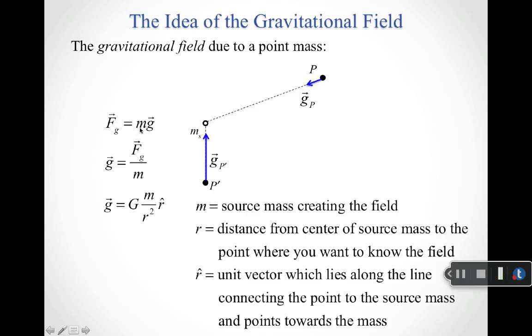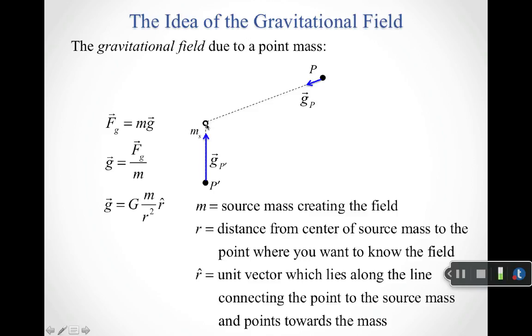Again, if we want to turn this into a force, all this says is, go place your test mass here at point P, and then it'll feel a gravitational force. And so what you notice is, if you think about this as a vector statement, since mass is always positive, part of what this tells us is the gravitational field is always going to point in the same direction as the gravitational force.